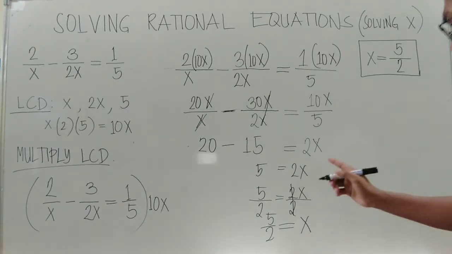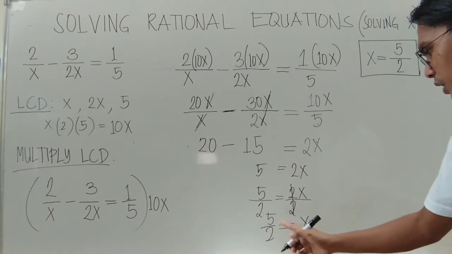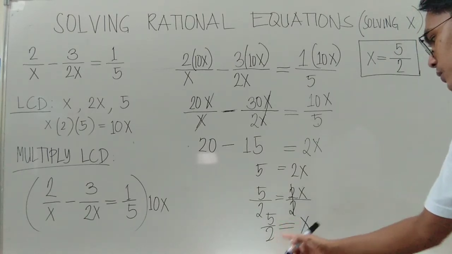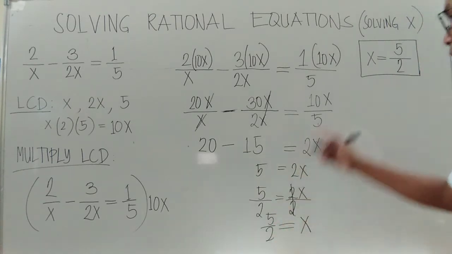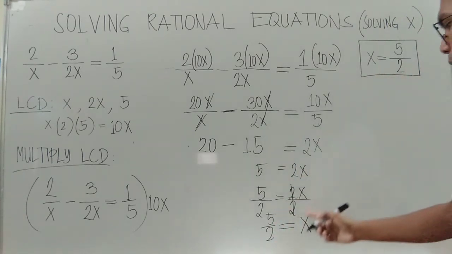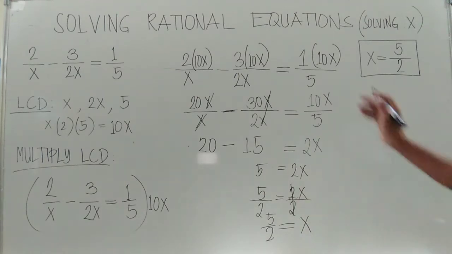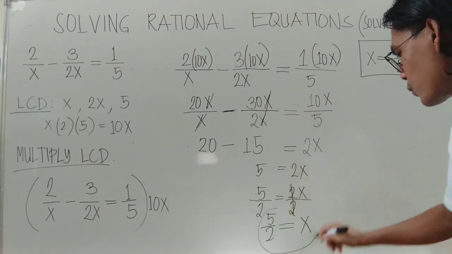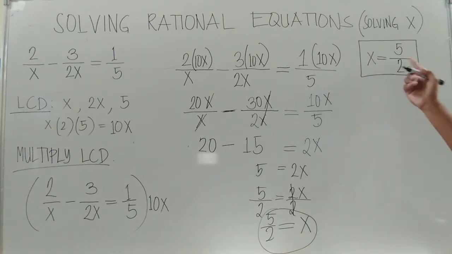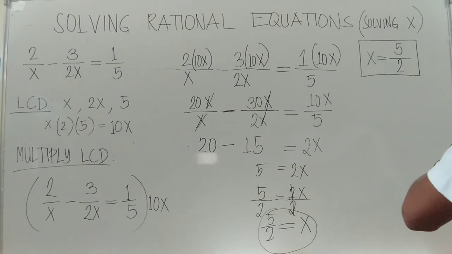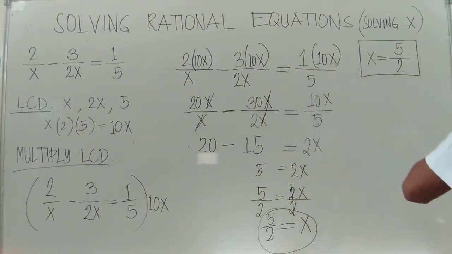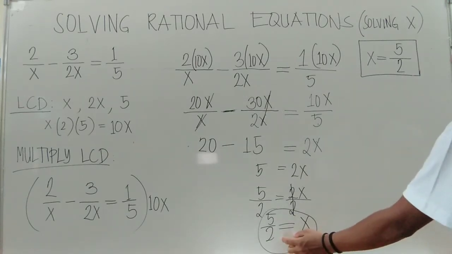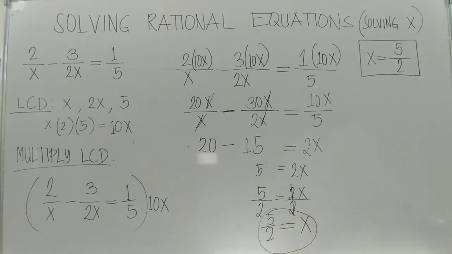Most of us will read it as x equals 5 over 2, because we are reading from left to right. But the other form is also acceptable.